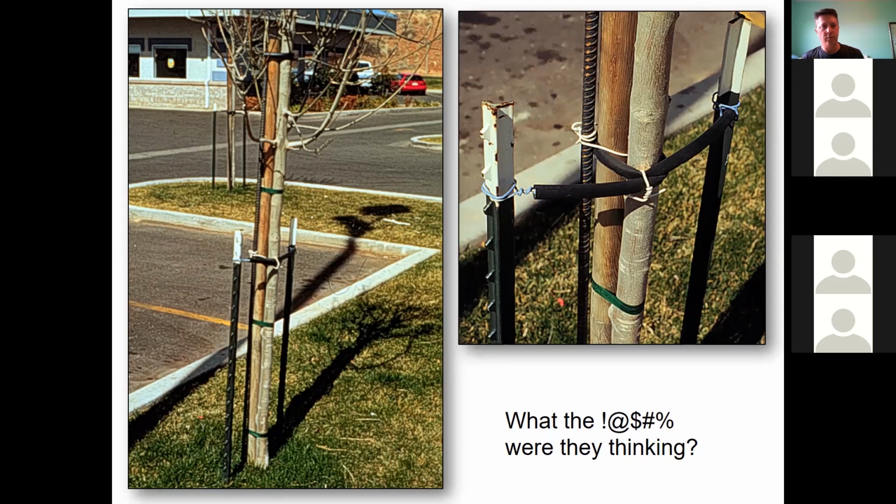So if and when these stakes are removed, the first windstorm that this tree experiences, it's going to snap off somewhere in this region right here, because it did not develop a taper. It has not increased its trunk strength to handle that stress. And it doesn't have to, because it's not needing to support itself, because it has these external supports to do it. And so it puts its energy somewhere else, like in top growth, rather than increasing the size of the stem.